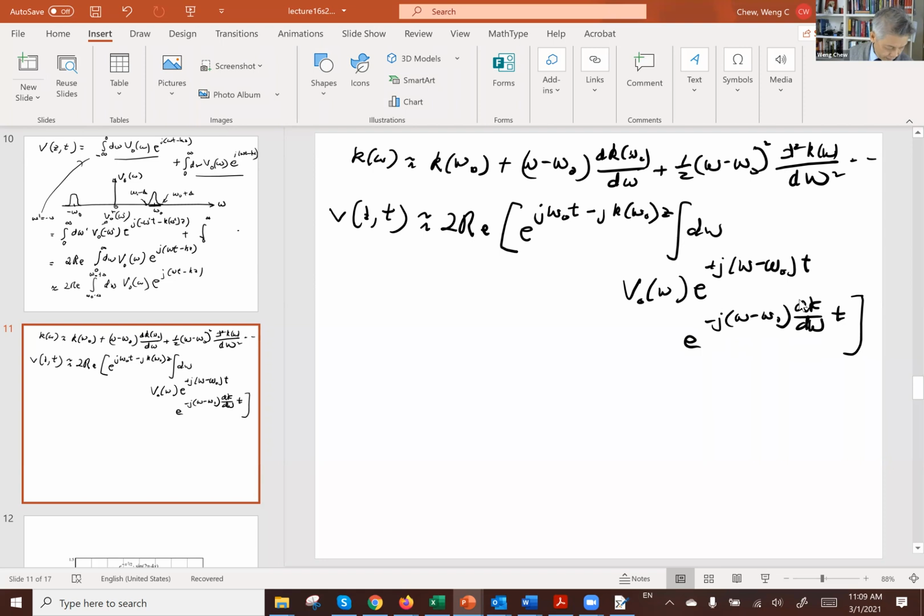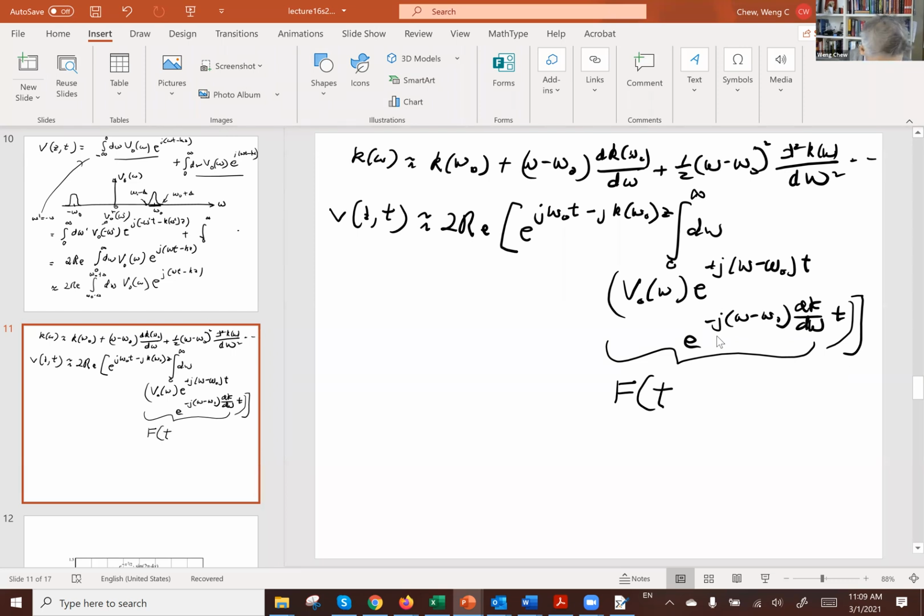But if you look at this thing here, this is an integral. This integral supposedly is going to go from 0 to infinity. And it is rather complicated, okay? And if you look at this part, it actually is a function of t.